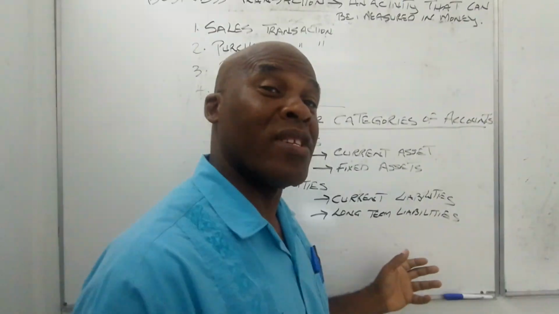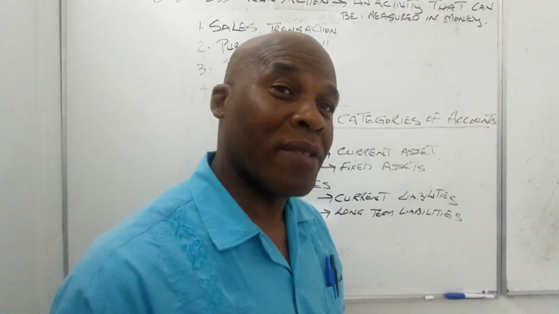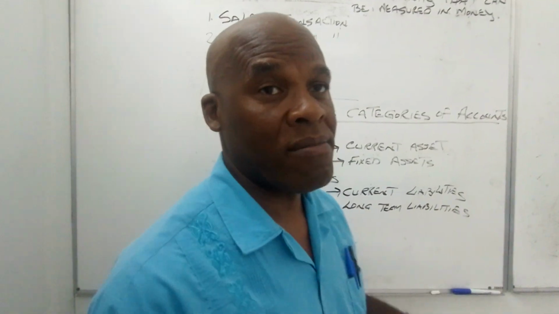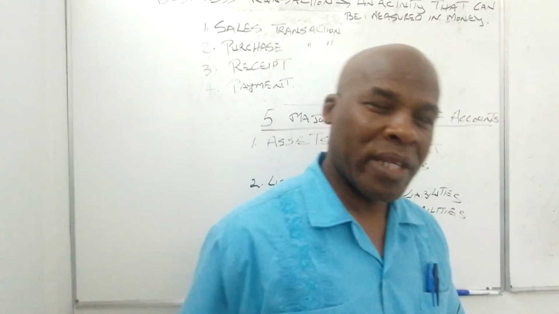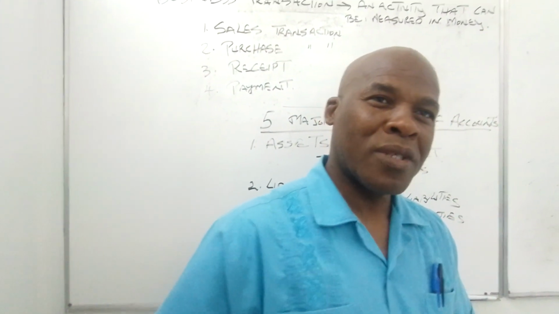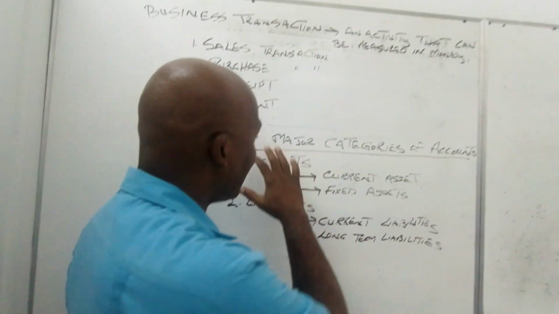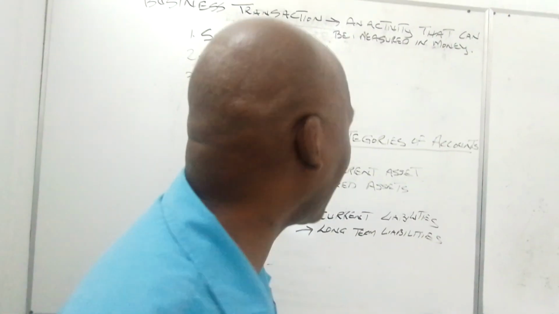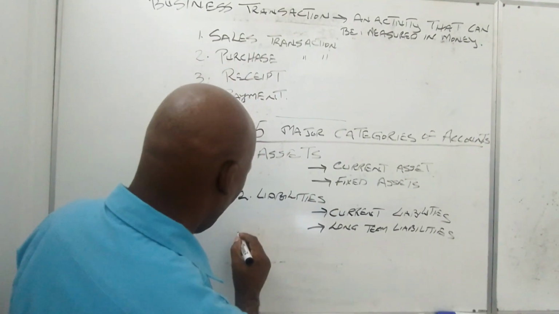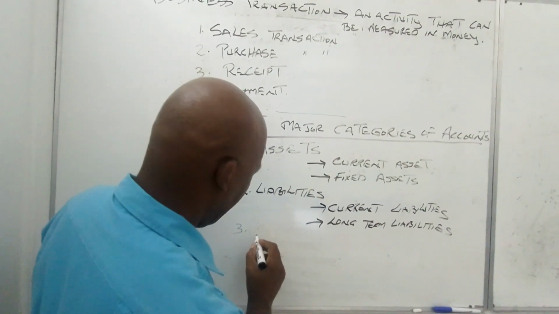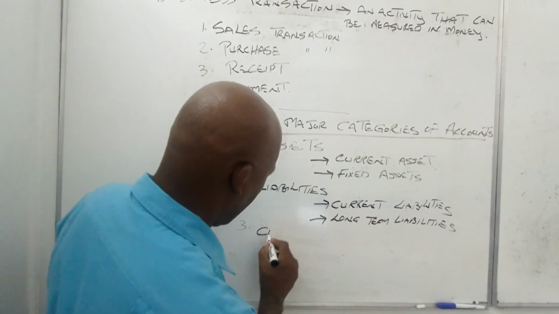So the loan presentation will always be part current and part long term. And we'll discuss all those presentations when we discuss financial statements. But our task today is to identify the 5 major categories of accounts. So we are at the third category. And this category we'll call capital.